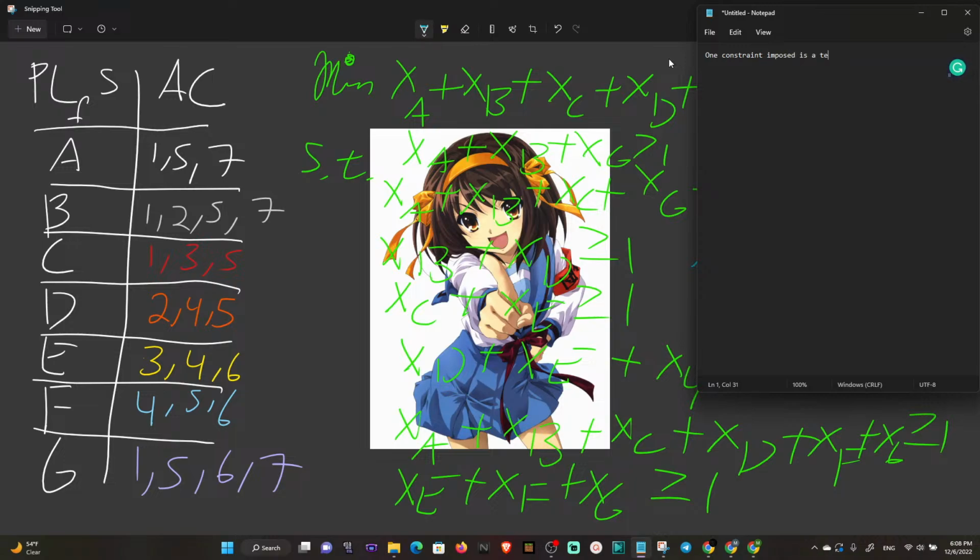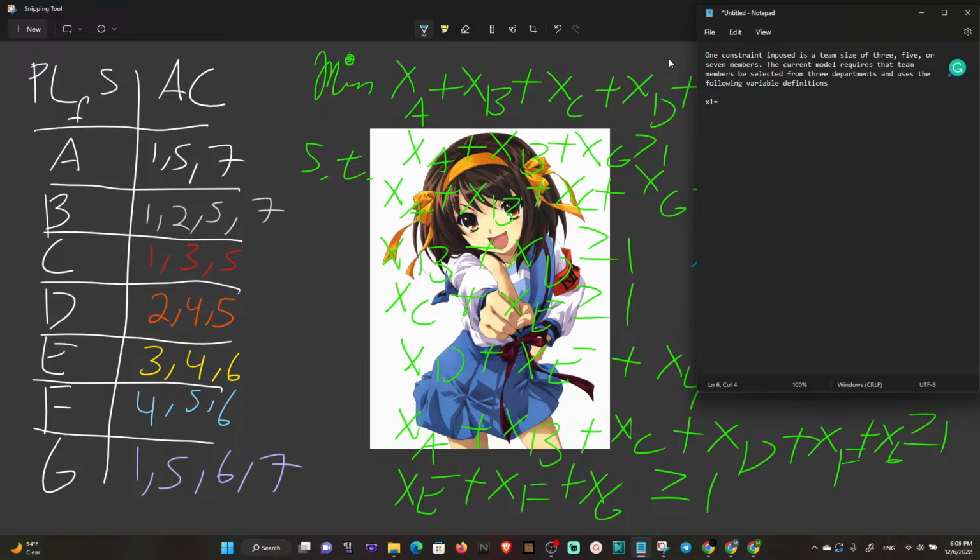One constraint imposed is a team size of 3, 5, or 7 members. The current model requires that team members be selected from 3 departments and uses the following variable definitions.